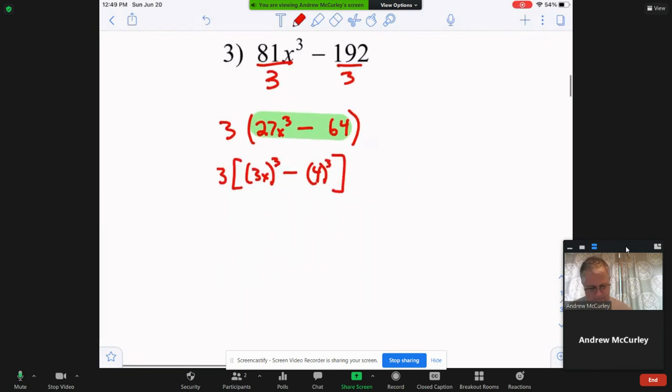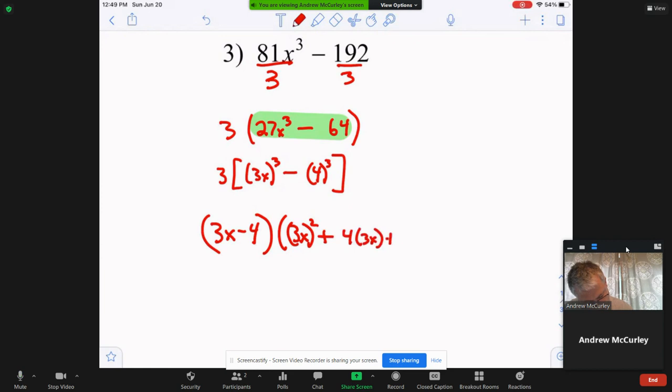So now let's write it all out. It's going to be 3x minus 4. And then I'm going to have 3x, I got to square that. Opposite sign now, 4 times 3x, plus 4 squared.